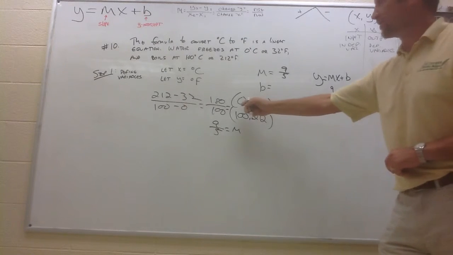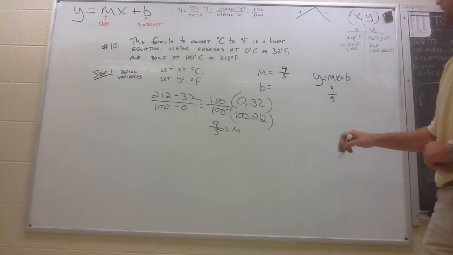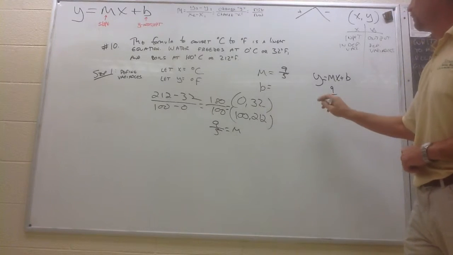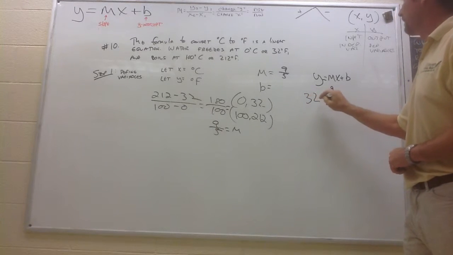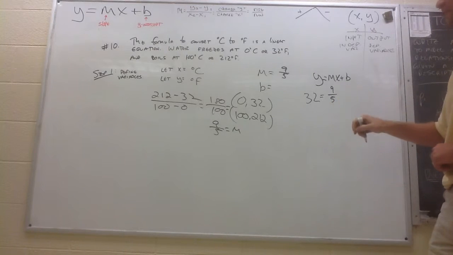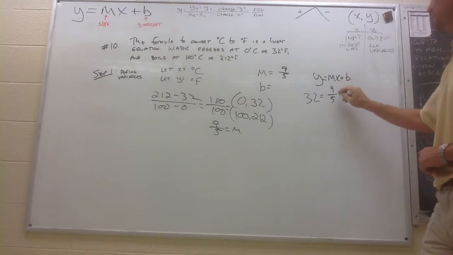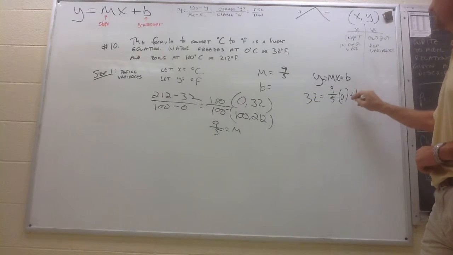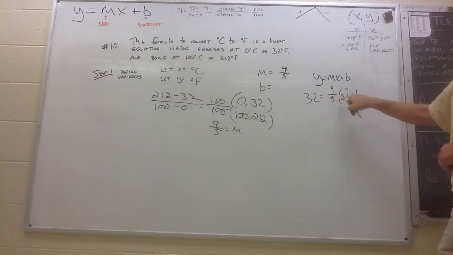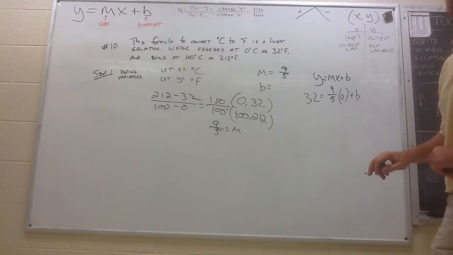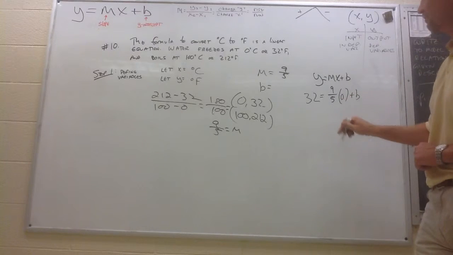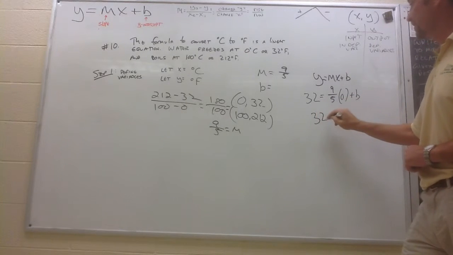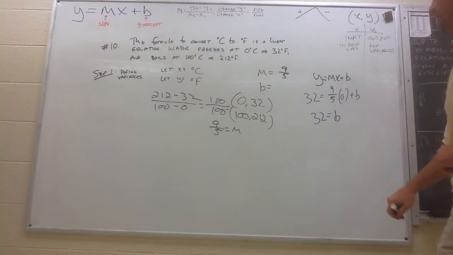So let's take this first point, and we'll plug in 32 for y. y equals, our slope is 9/5, our x value is 0, plus b. Now 9/5 times 0, anything times 0 is 0, so we're left with 32 equals b.